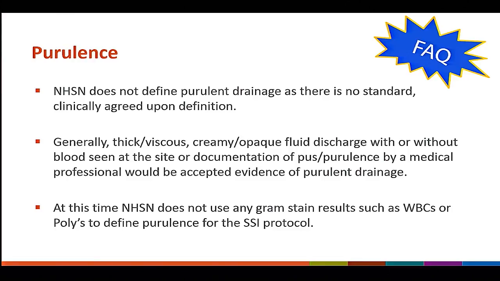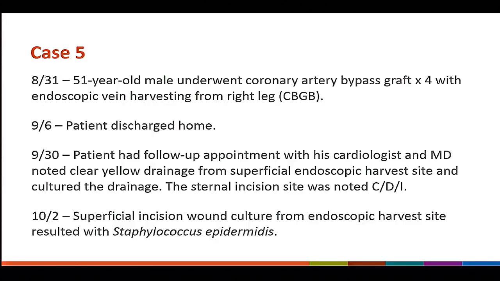We do not accept gram stain results such as WBCs or polys to define purulence within the SSI protocol. But if you ever have a question about whether a certain descriptor meets purulence, go ahead and email us at NHSN and we can take a look at it with you and try to make a determination. But like I said, generally we see purulence, pus noted majority of the time.